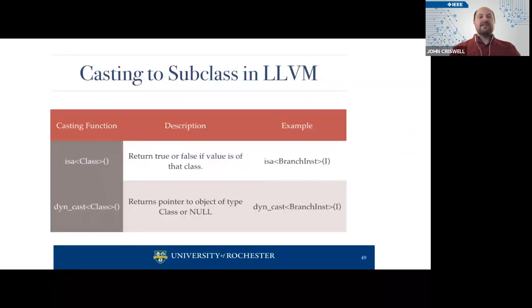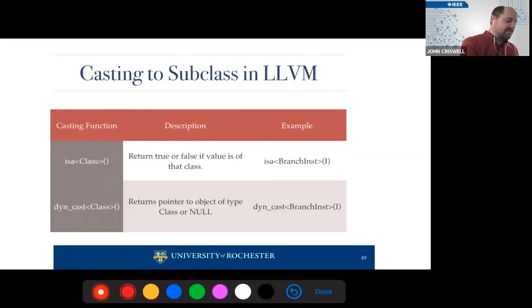Well, LLVM provides very nice helper functions to help us with this. The two casting functions that we're going to talk about today are isa and dyn_cast. isa is a templated function. It takes as its template input a class and returns true or false if a value is of that class.